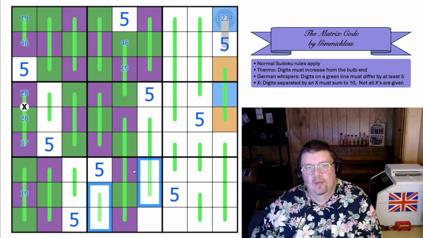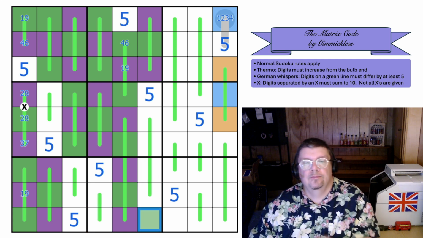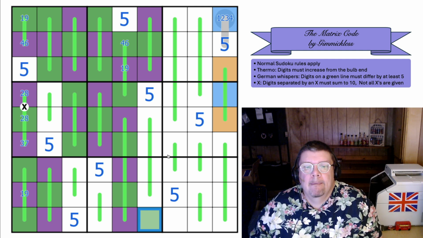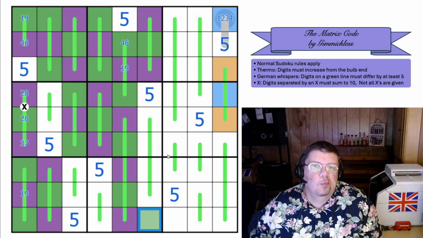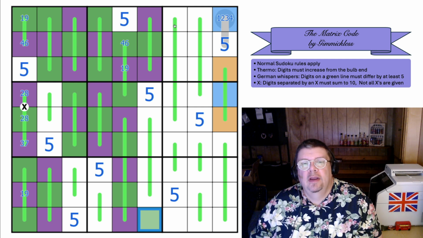So that would give me my 4 purples, so this is green. Okay.